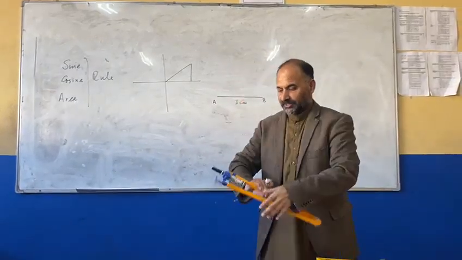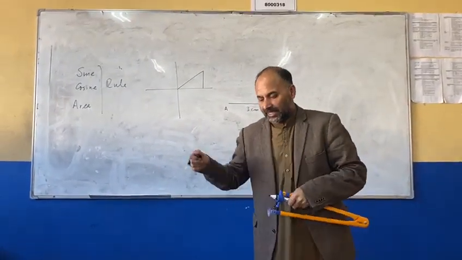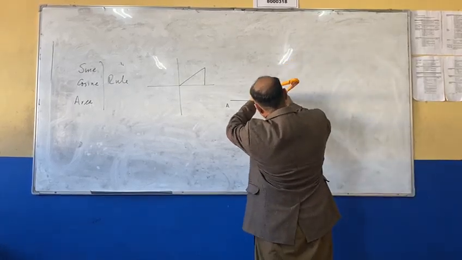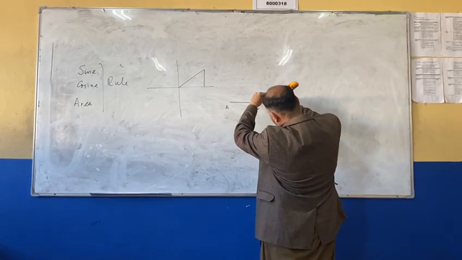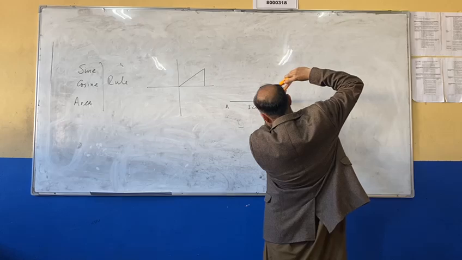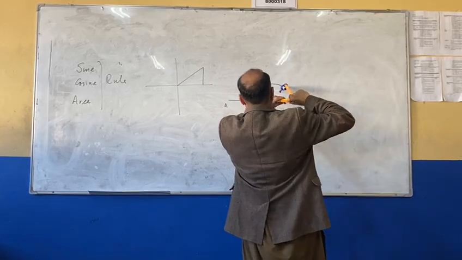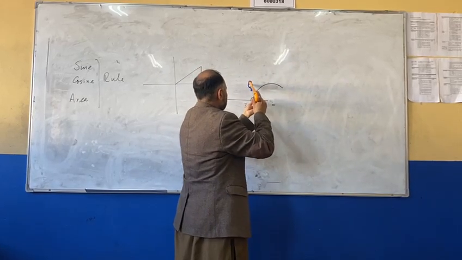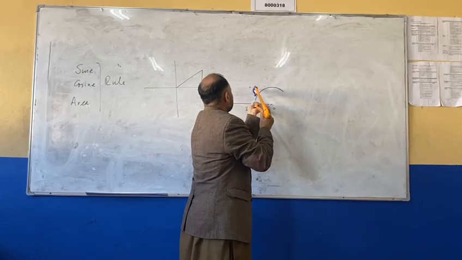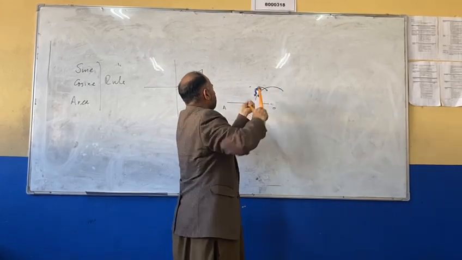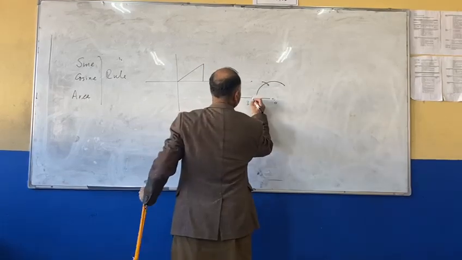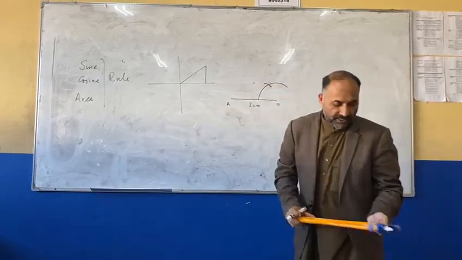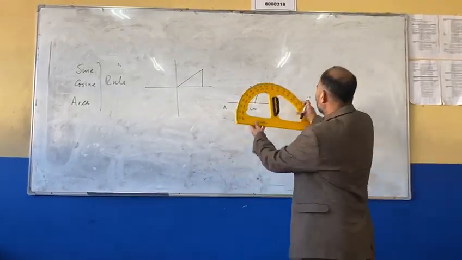At the end point, let's draw an angle. Which angle do you want to draw? 60 again, okay, no problem. I am going to listen to you. We are going to draw a 60 degrees angle. Okay, let's see whether this is a 60 degrees angle or not.